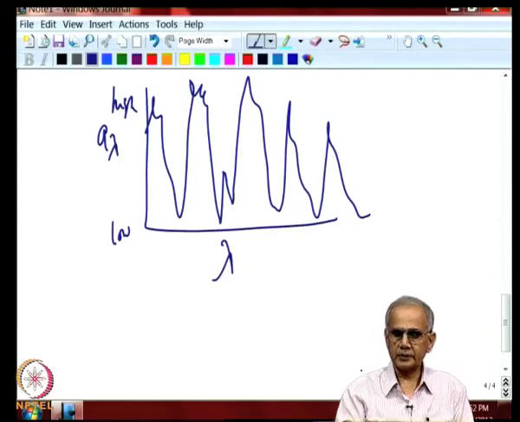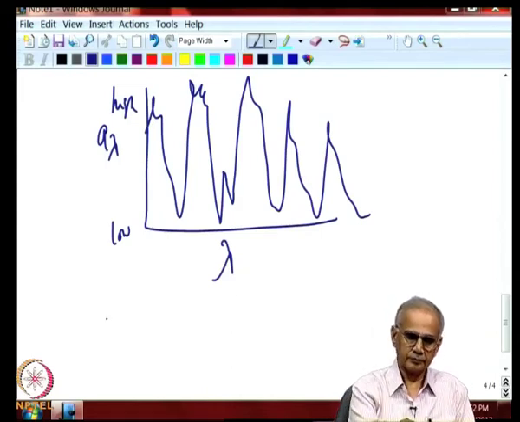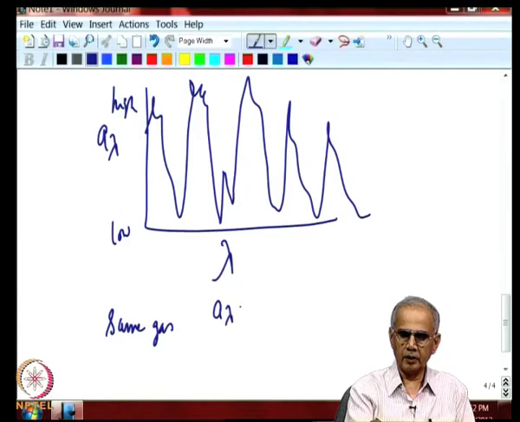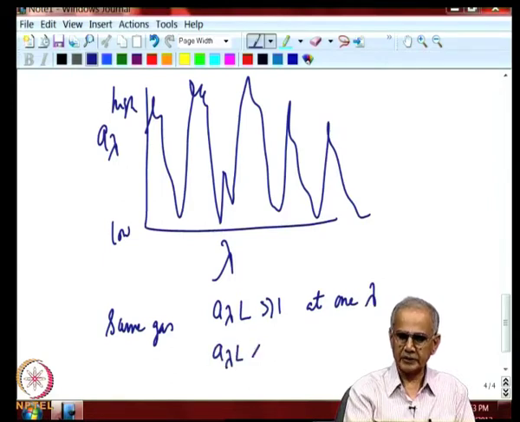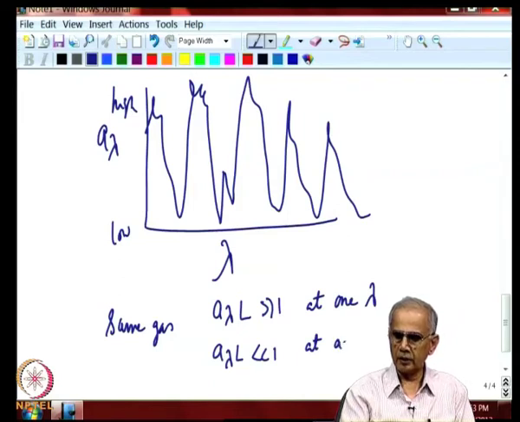So, the same gas can have a lambda L much greater than 1 at one lambda and a lambda L much less than 1 at another nearby lambda.